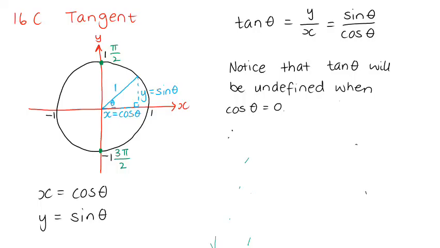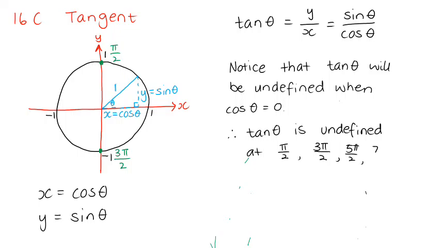Therefore tan theta is undefined at pi on 2, 3 pi on 2. Now remember, if you keep going around, what's another one going to be? 5 pi on 2, 7 pi on 2, etc. Because you keep going around to those same 2 points. It's always going to be undefined at those 2 points.